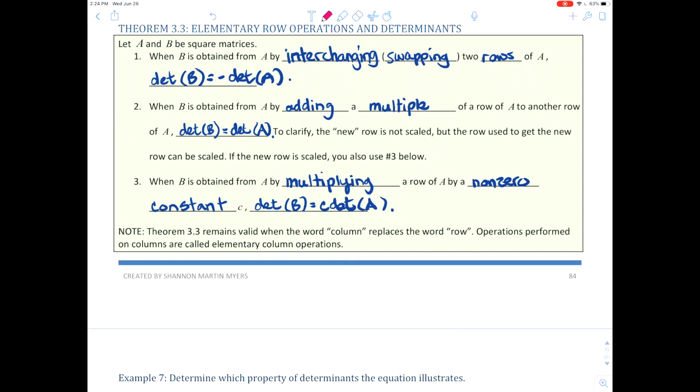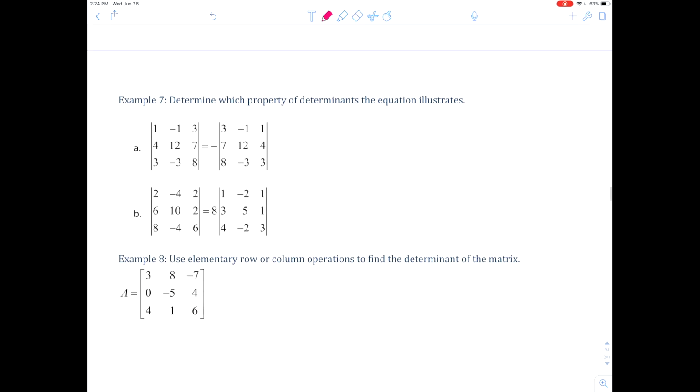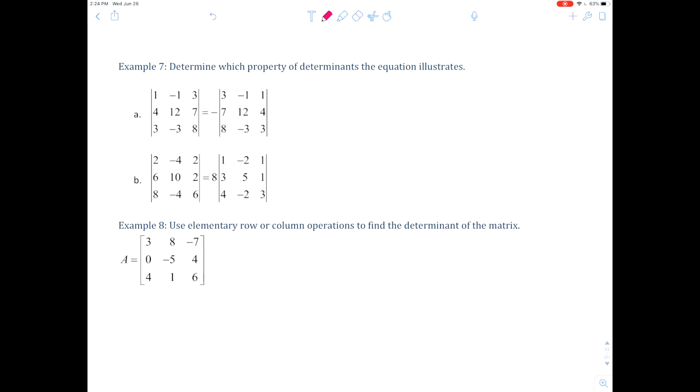Cool? Okay, so now let's look at this example 7 and determine which property of determinants the equation illustrates. So this first determinant is equal to what? What happened here? Beautiful, the column switched, right?